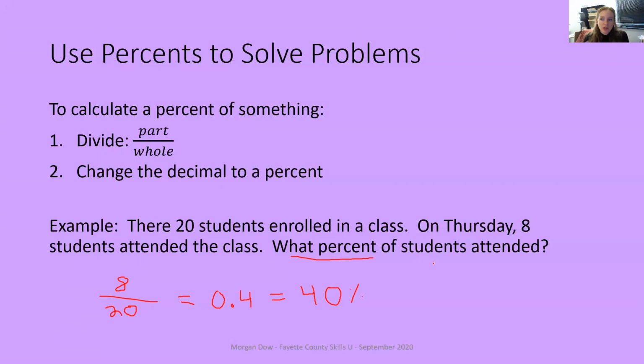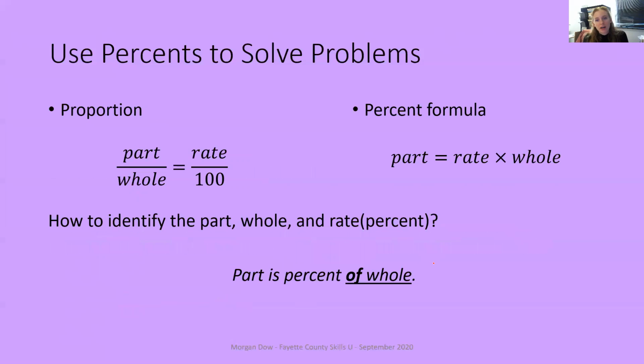Okay, so that was just a little taste, a little intro of something you might do relating to percents. But now let's talk about all percent problems in general. So in any problem talking about percents where you have a missing piece of information you need to find, there's kind of 2 main strategies that you can use.